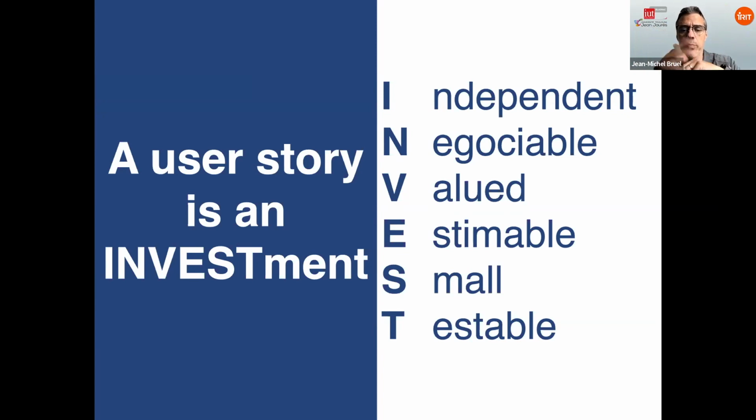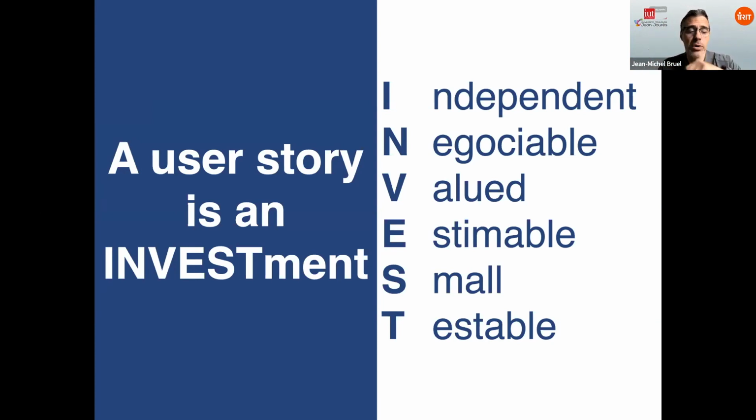It should be negotiable in the sense that it should be discussed with the client. It should be valuable in the sense that it should bring something to the customer, to the client. It should be estimable, so you should be able to get an idea of how hard, how risky, how difficult this particular user story is going to be to implement.